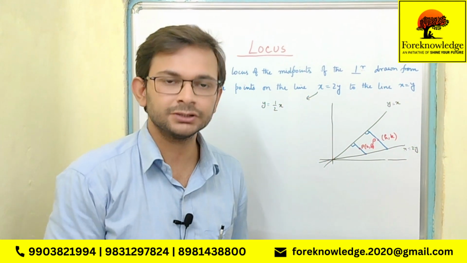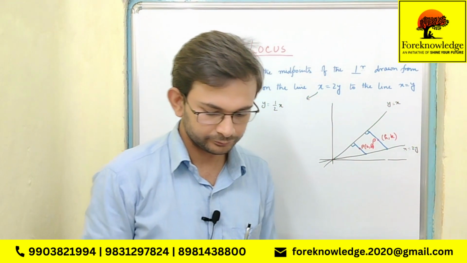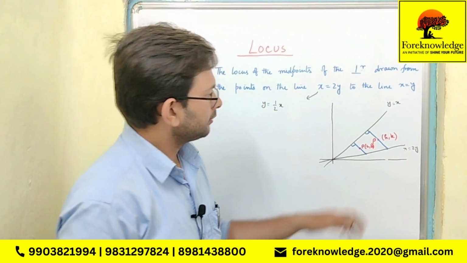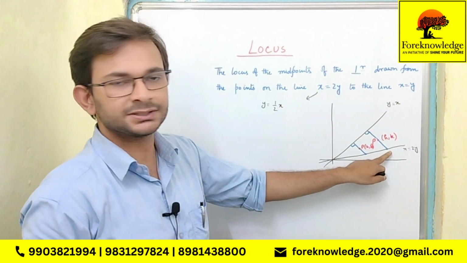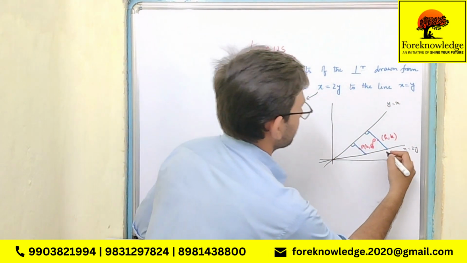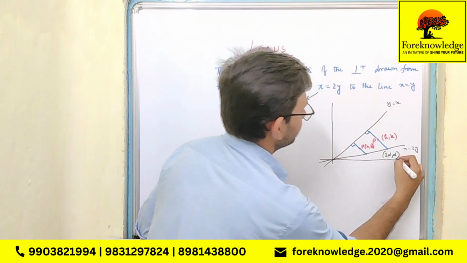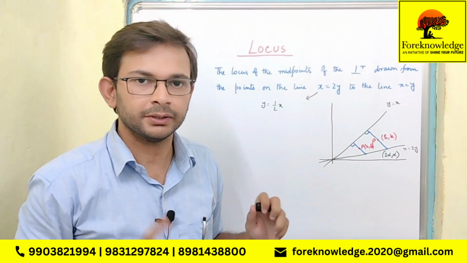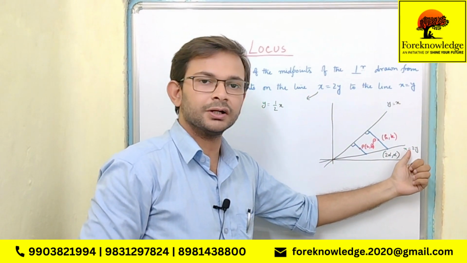The equation we have to find out. Fine. So we can take this point as 2 alpha comma alpha, because if the y value is alpha, then x will be 2 alpha.